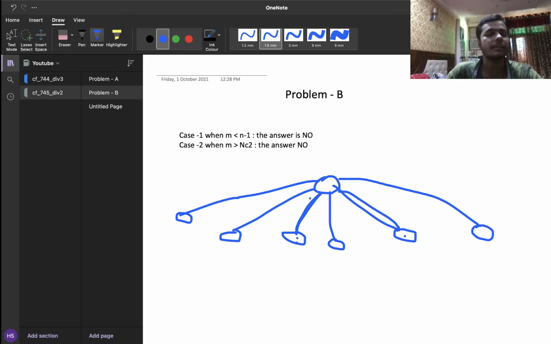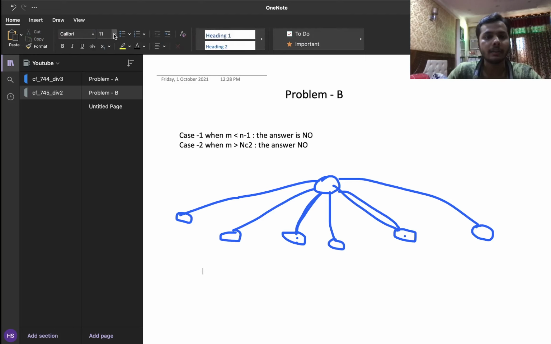So the maximum distance between any two nodes here is 2. So the diameter is 2. Basically, I can say that the diameter of this figure which I have drawn is equal to 2, just by using n minus 1 edges, right?